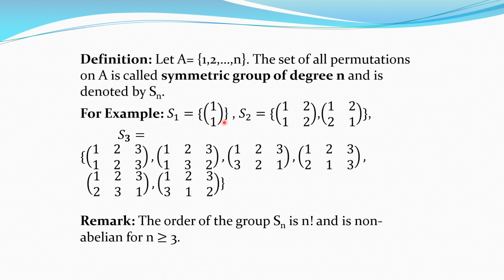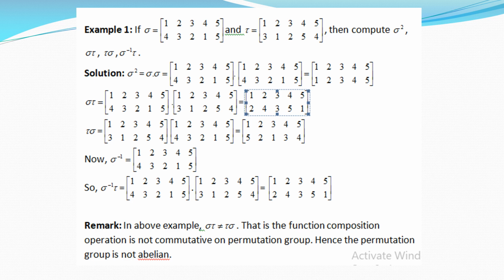For S2, 2 factorial, which is 2 into 1, that is 2. For S3, it is 3 factorial, which is 3 into 2 into 1, that is 6. So in general, the order of Sn is n factorial. And this group is non-abelian for n greater than or equal to 3 because composition of permutations is not commutative.